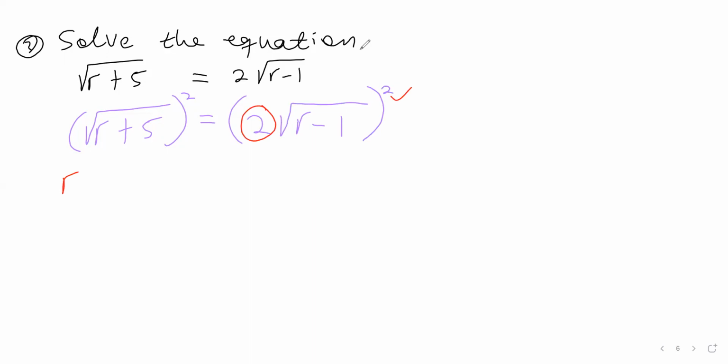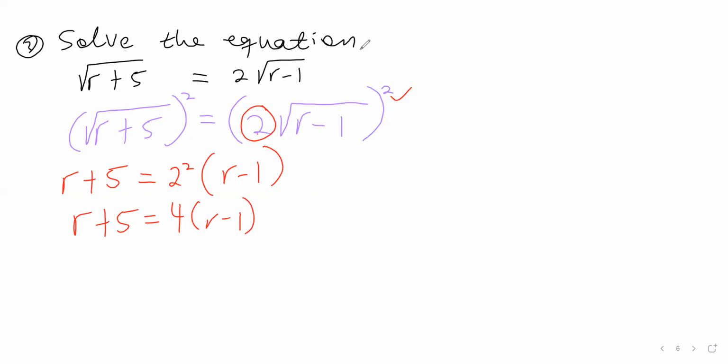So now we'll end up with r plus 5 equals, what is 2 squared? So we get 2 squared into bracket r minus 1. So r plus 5, 2 squared is 4, 4 times r minus 1. Okay, so r plus 5 equals 4r minus 4. So let's group all the r's at one side, all the non-r's at another side. So I can say r minus 4r is equal to negative 4 minus 5.